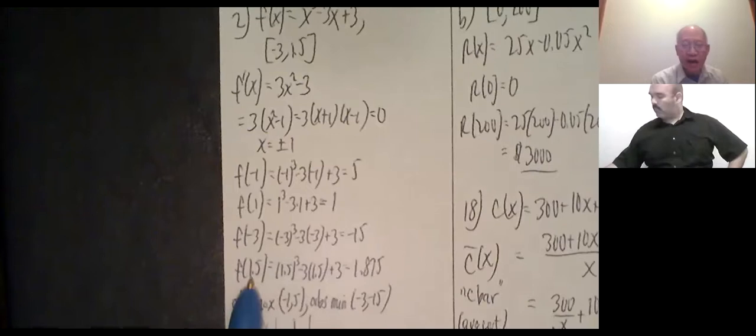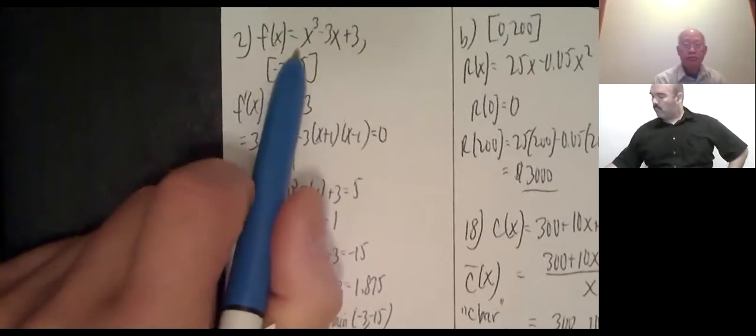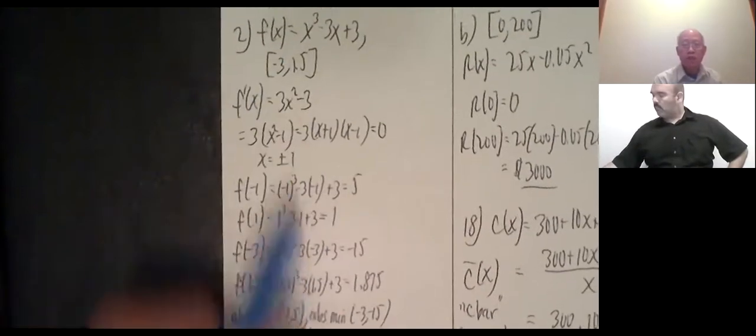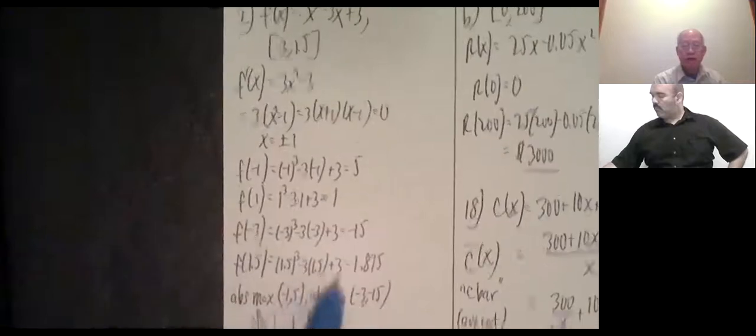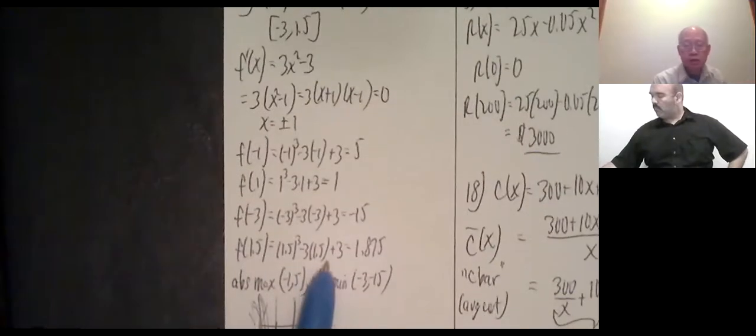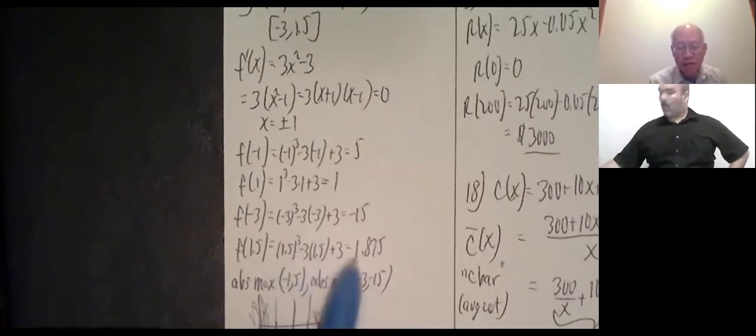And then plug in 1.5. 1.5 cubed minus 3 times 1.5 plus 3. Punch it in the machine, 1.875. By the way, you should double check this. Don't just take my word for it. Make sure you can do it on your calculator.